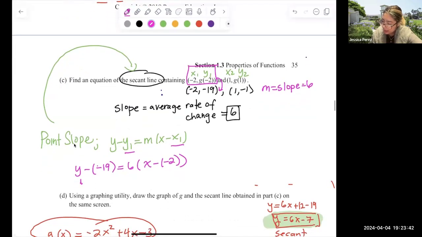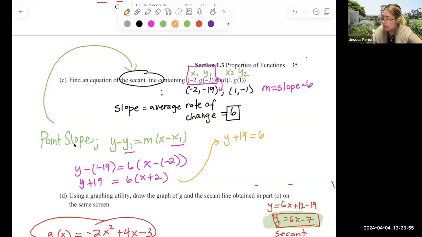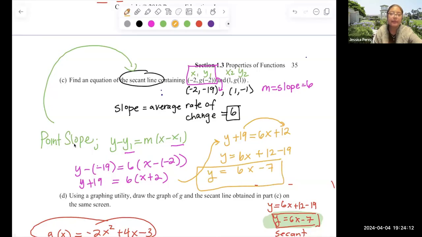And then we clean it up. We get y plus 19 equals 6 times (x plus 2). Clean it up and write it in slope-intercept form: y plus 19 equals 6x plus 12. Then we bring the 19 over: y equals 6x plus 12 minus 19. So the secant line is y equals 6x minus 7.